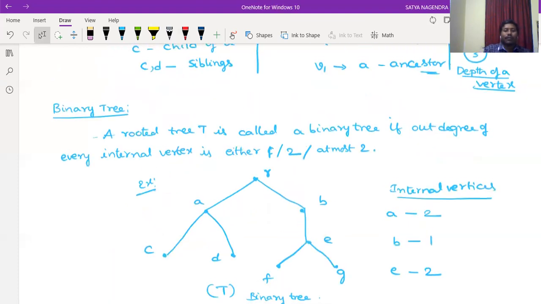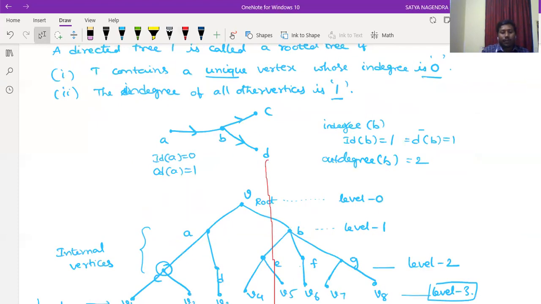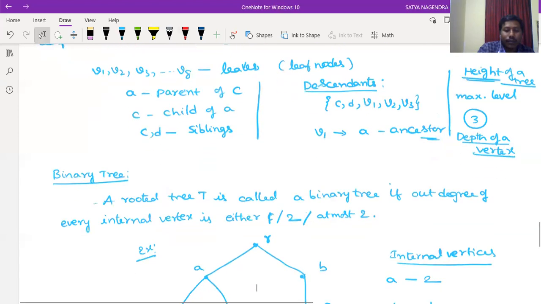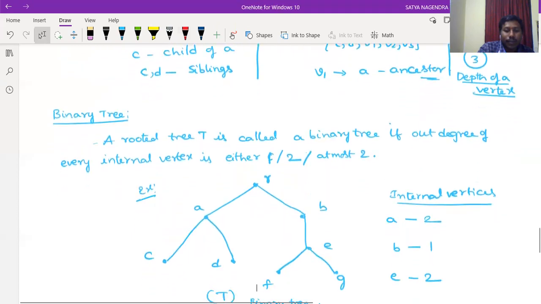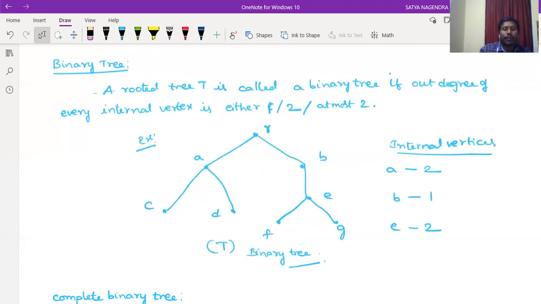The vertex may have out degree either 1 or 2, at most 2 only, like that we are taking. Here, what is the out degree of B? 1, not 2. So it is not a complete binary tree. It is a binary tree simply. Okay.